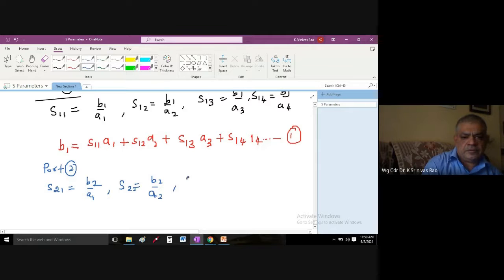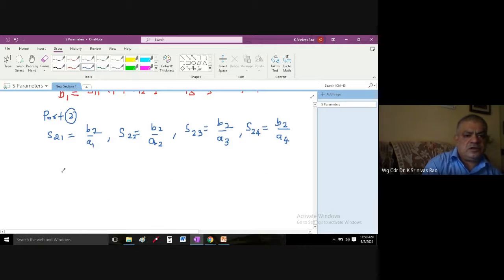Then we have S23, which is given by B2 by A3, and finally we have S24, which is given by B2 by A4. With this, I can write another equation, that is the total reflected power at port 2.